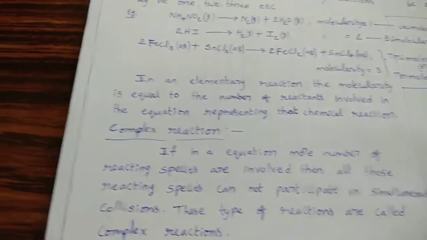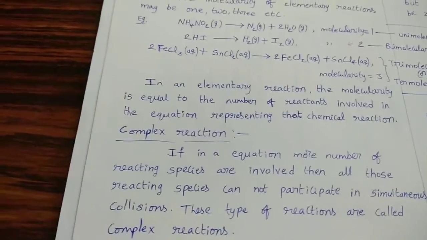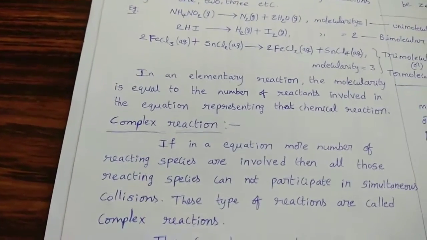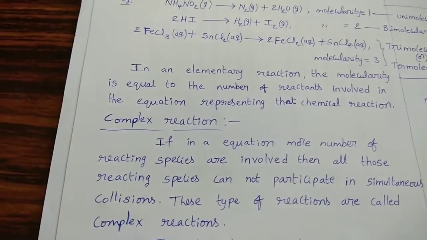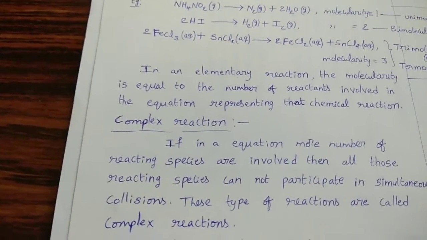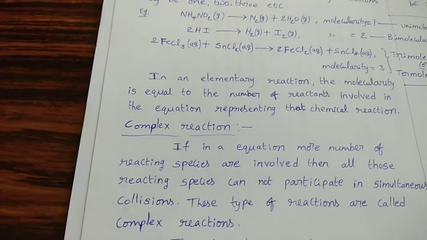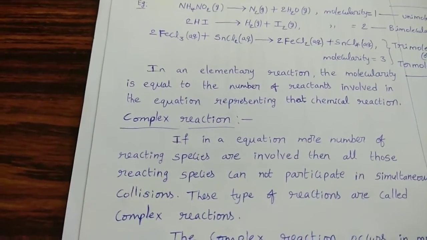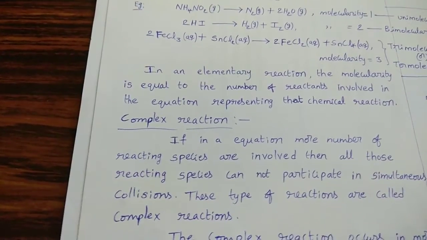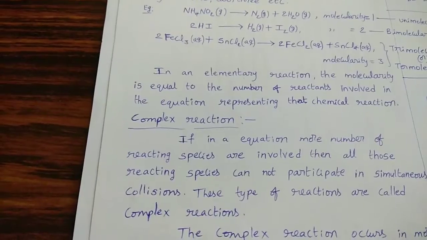That means these types of reactions form products by several steps. If a chemical reaction does not form product in a single step and forms the products by following several steps, that type of reaction is called a complex reaction. This complex reaction has a mechanism.